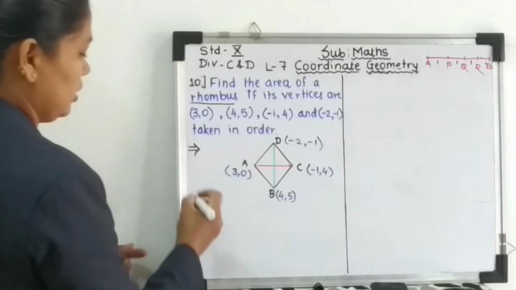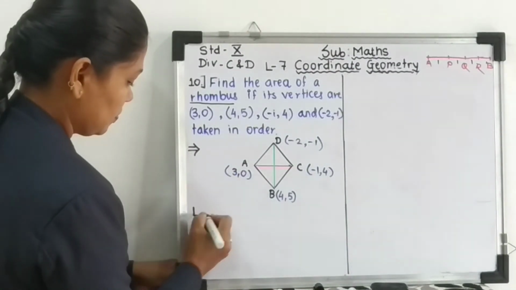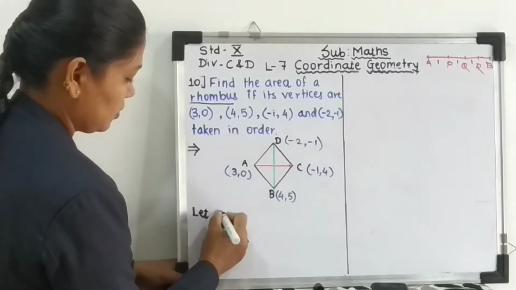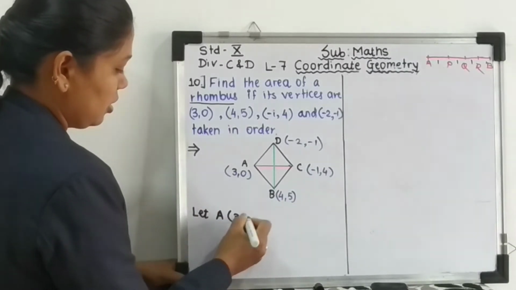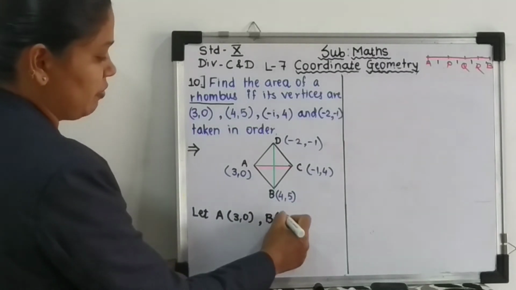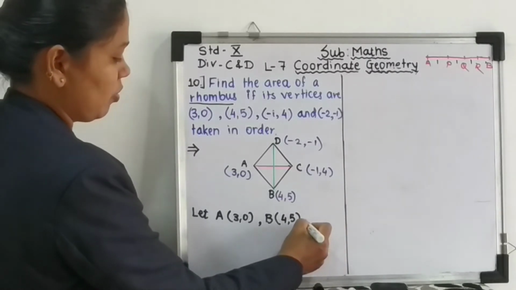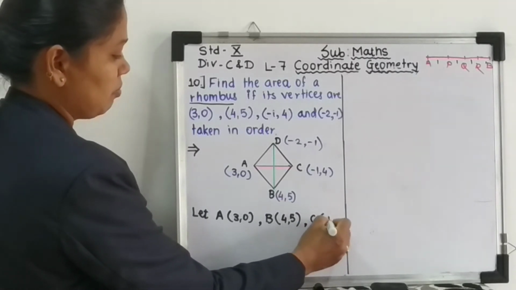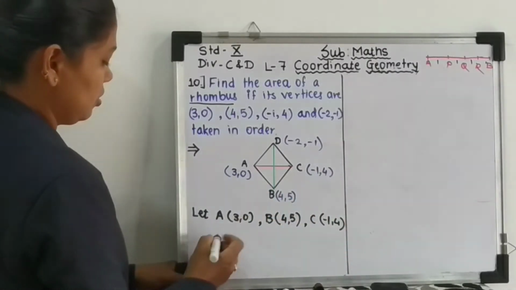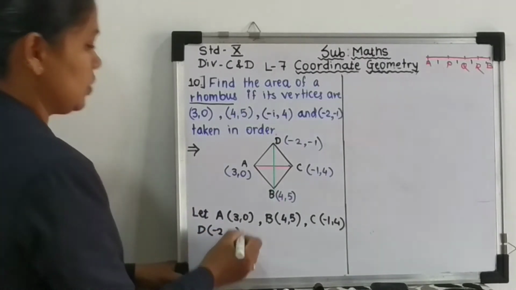So we will write here, let A be (3, 0), whatever we have mentioned in the figure. We will write those in statement form also: C (-1, 4) and D (-2, -1).